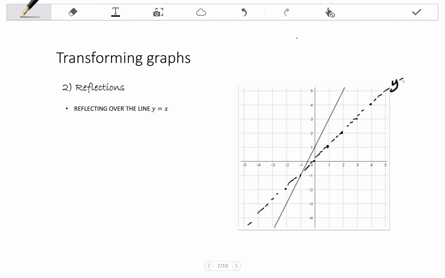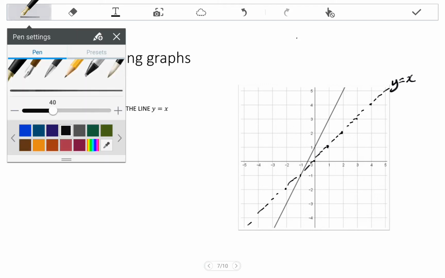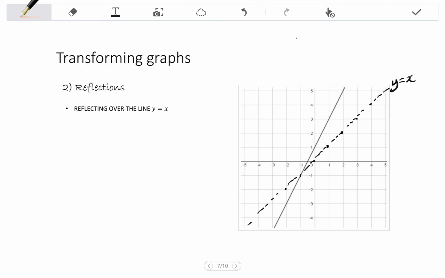Okay, so I want to reflect over that line, which means if I fold along that line, my graph must be a mirror image on either side. Okay, so if I look at the point 1, 3, folding over the line y equals x, that is going to go to 3, 1. Okay, let's look at an example of coordinates in the negatives.